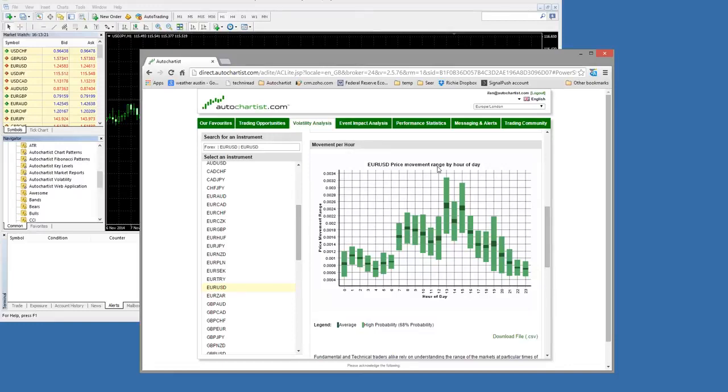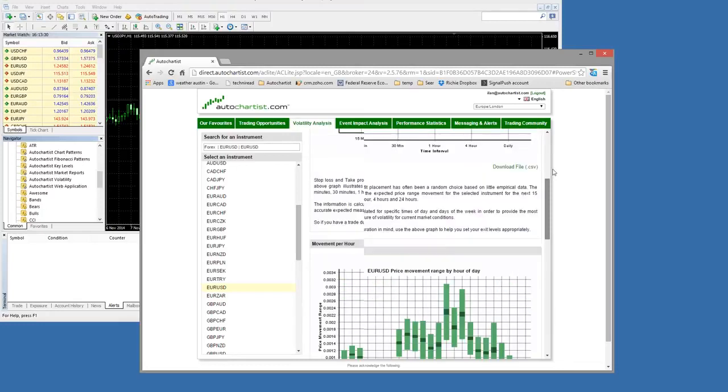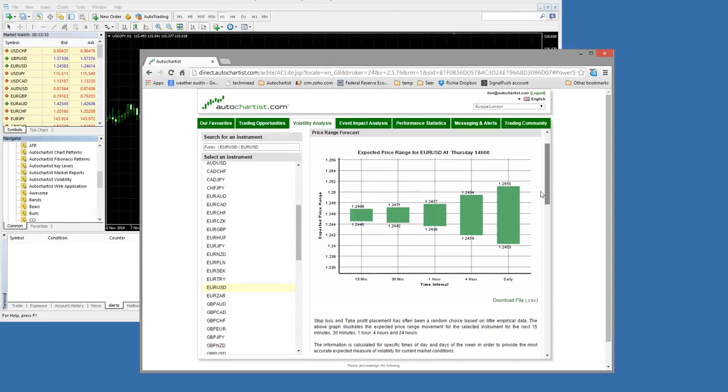So if we contrast that to what we're looking at at the bottom here, the movement per hour of day graph, this graph only shows you the hourly movement for every hour of the day. The graph above shows you the expected price range movement for the current day of the week for the current time of day, but obviously for more types of time intervals.